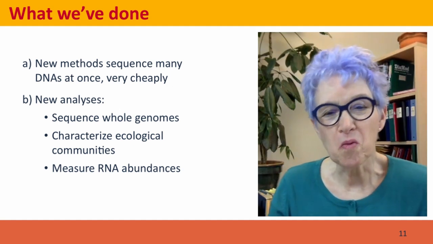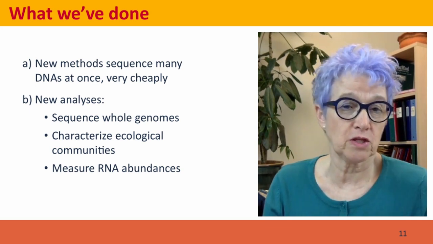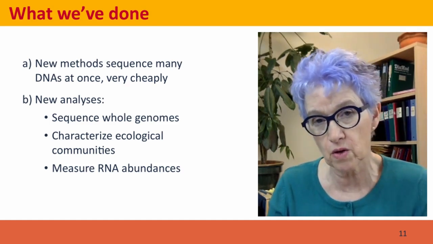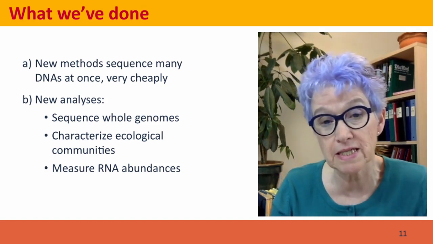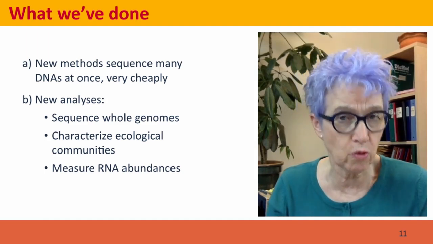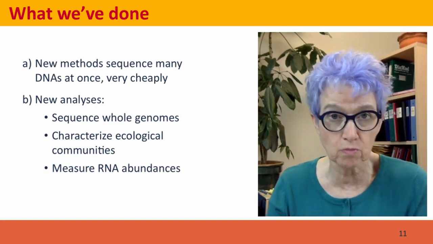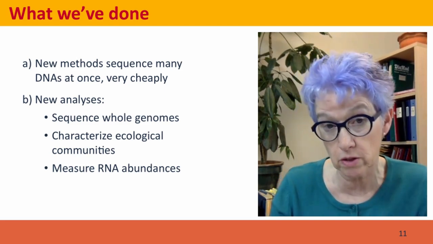So what we've done, we've talked about how the new methods of DNA sequencing can sequence many DNAs at once rather than just a single molecule, and they can do it far less expensively than the old methods did. This enables very efficient DNA sequencing to be applied to new problems. We can sequence whole genomes much more easily, for instance, than we sequenced the human genome when we started.